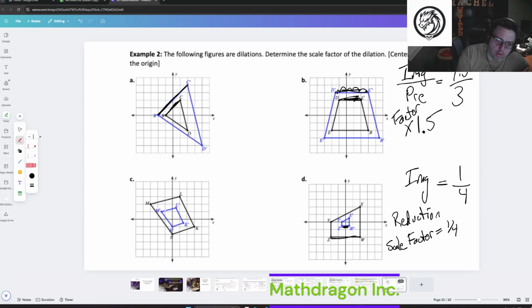These two, because they are diagonals, you could build it into a Pythagorean theorem problem and find the diagonal. Or we could just say B is 1, 0. B prime is 2, 0. So if we do the image over the pre, we are going to get 2 over 1.